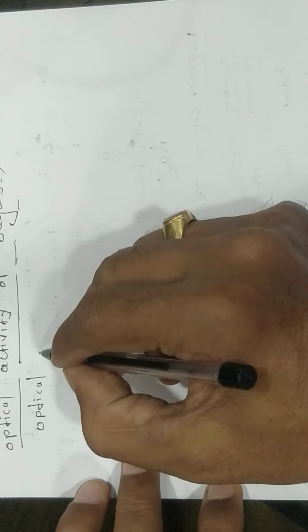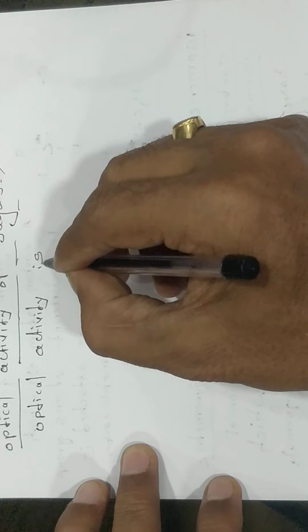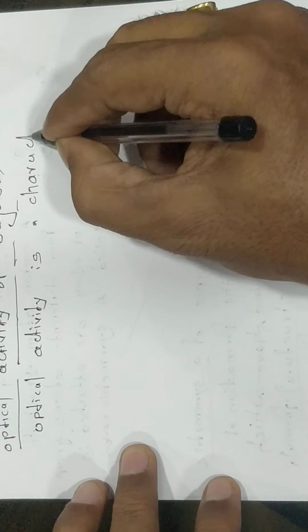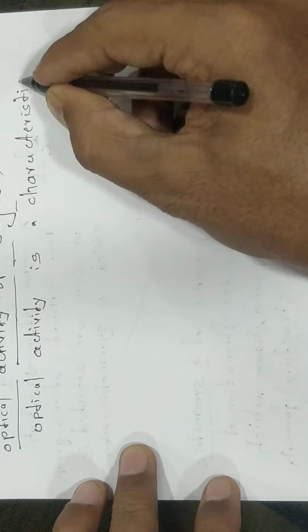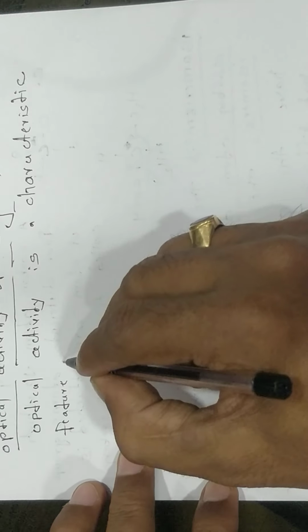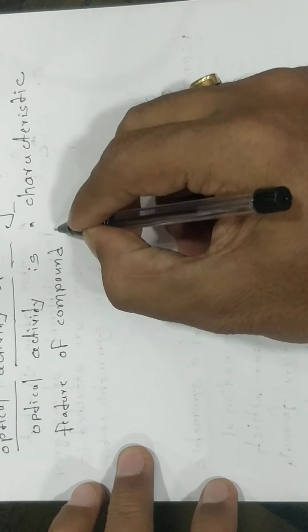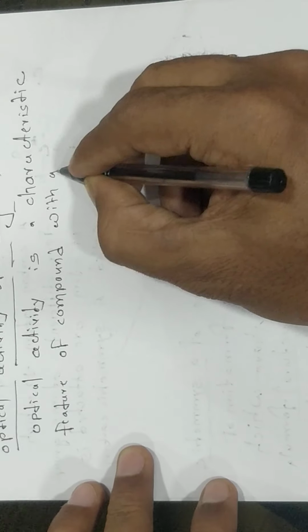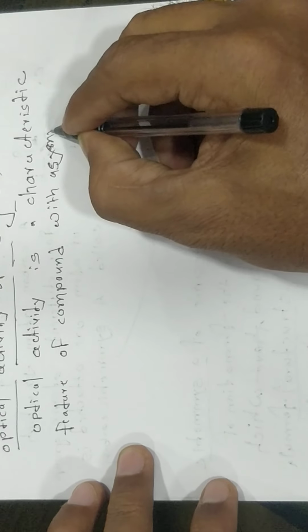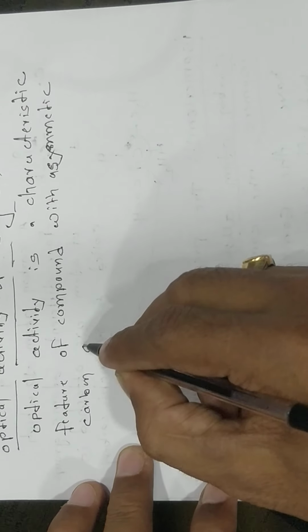Optical activity is a characteristic feature of compounds with an asymmetric carbon atom.